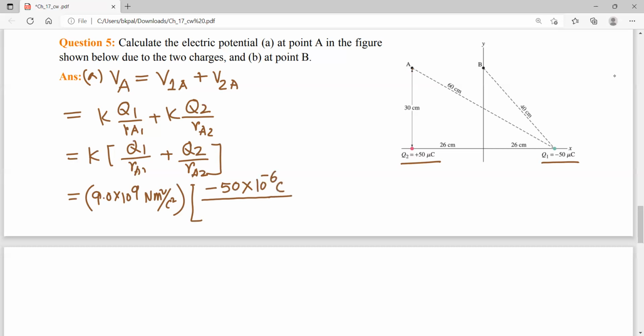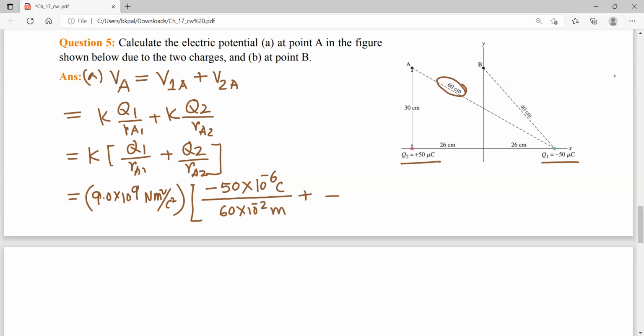And what is RA1? RA1 is the distance from charge Q1 to point A, so it is 60 centimeters, which means 60 times 10 to the power minus 2 meter.